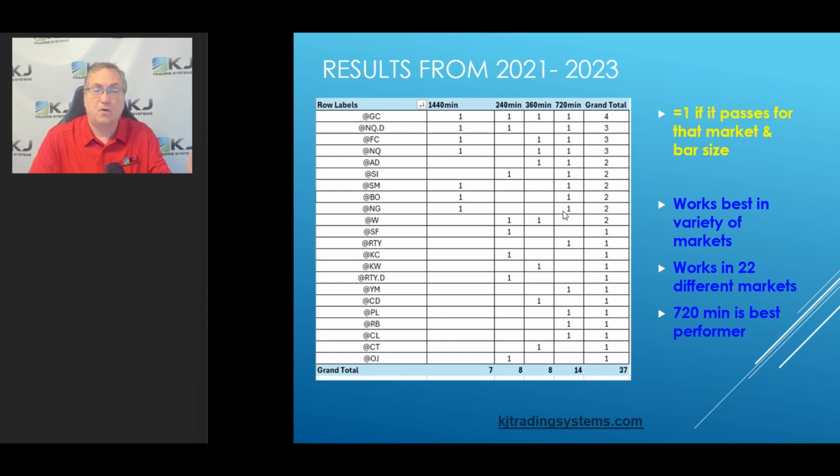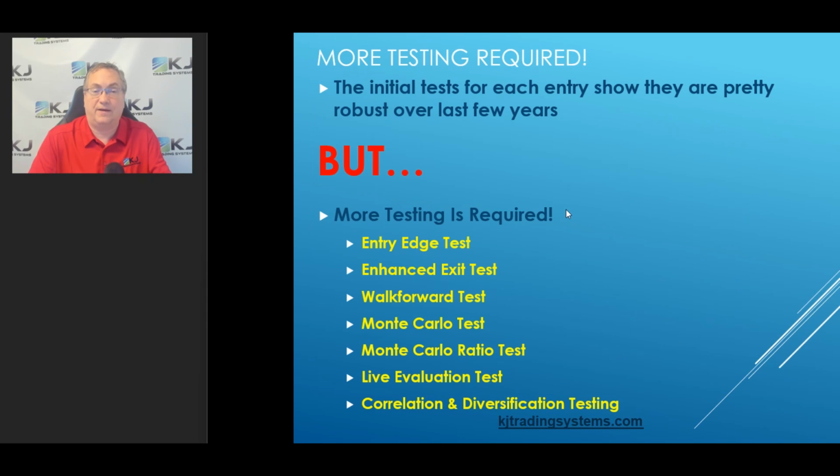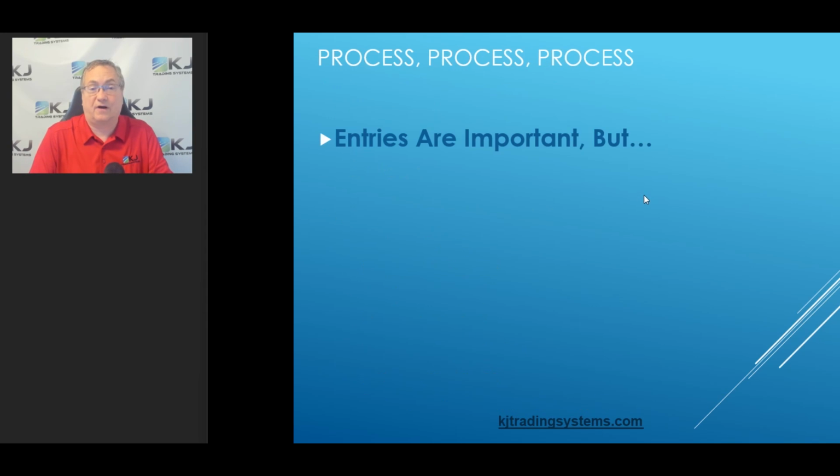But those were ones where actually it showed robustness. So these are the ones that I'd really focus on. Of course, that's one test. Like I said, more testing's required. I've listed some of the testing here. There's a lot more to do before you can say, hey, this is a strategy, it's worth trading. These are entries that are worth trading. But this is a good start.